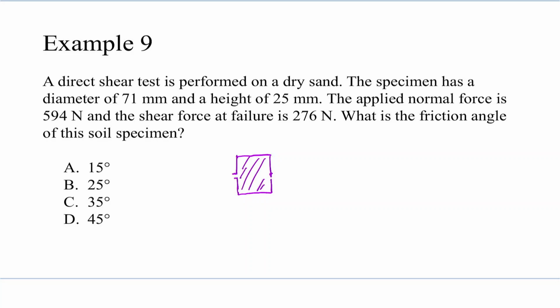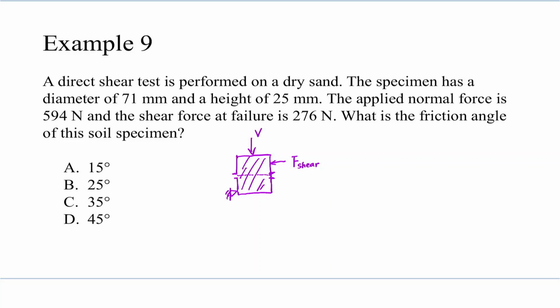You leave a little gap in between those two half boxes, and then you can fix the bottom half, and you apply a horizontal force, F shear, and you can also apply a vertical force to apply the appropriate level of normal stress, and the soil is gonna fail along this surface, so that this equipment can tell you the cohesion and the friction angle of the tested soil.